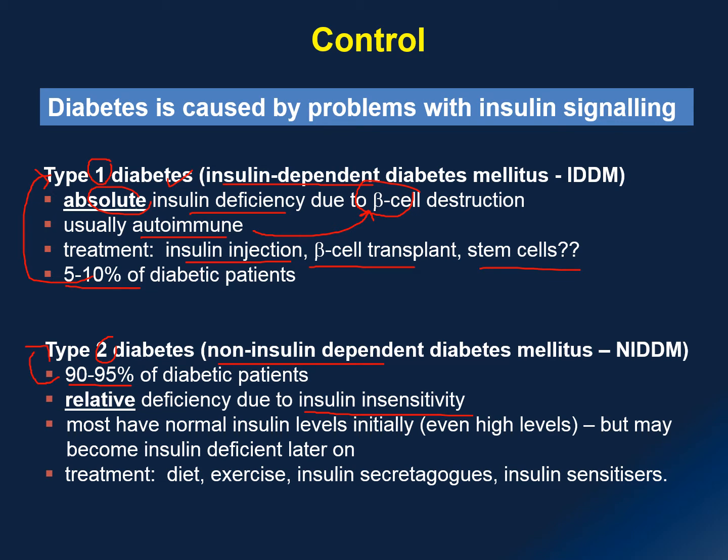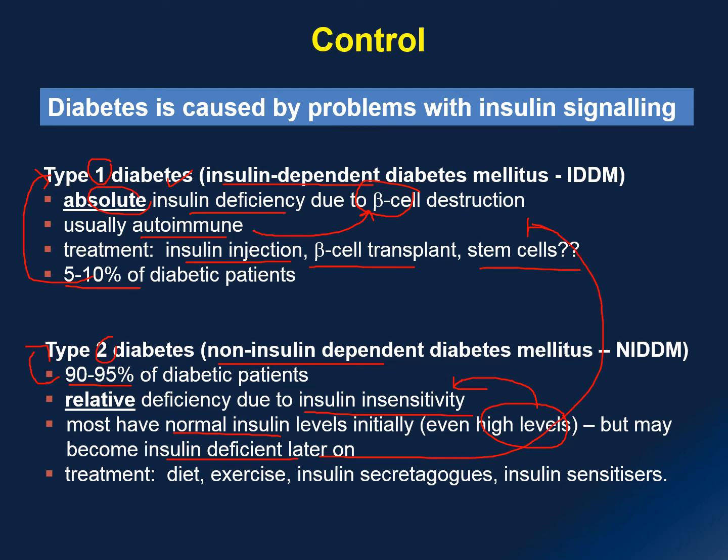So initially, these patients of type 2 diabetes have normal or even increased insulin production so that they can compensate for the insulin resistance. But during the late phase of the disease, because of the overwork conditions of beta cells pumping more insulin, at last they will have insulin deficiency due to the destruction of beta cells.